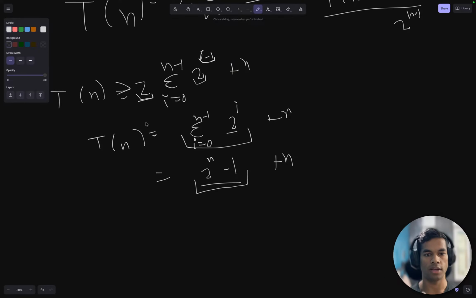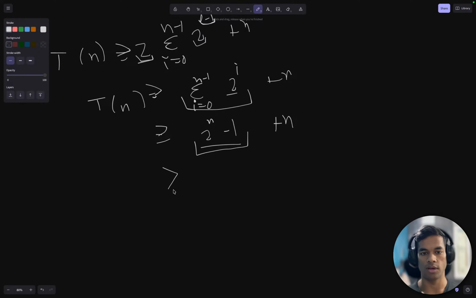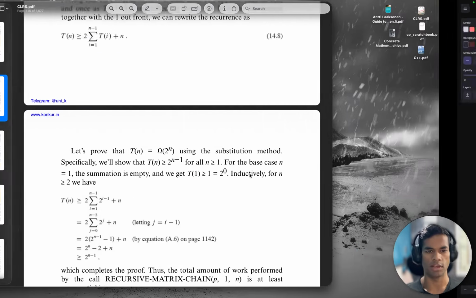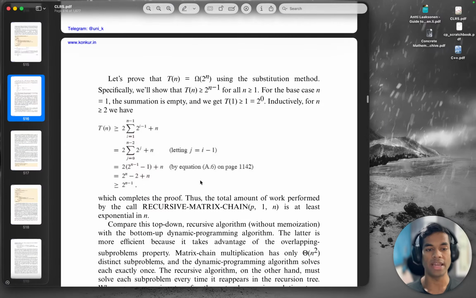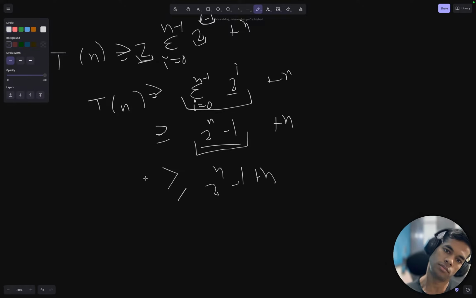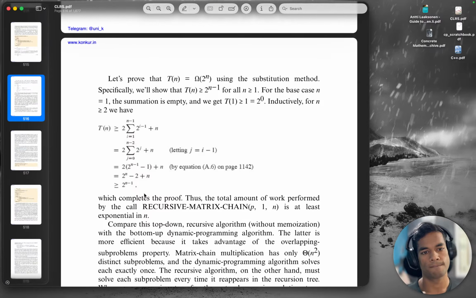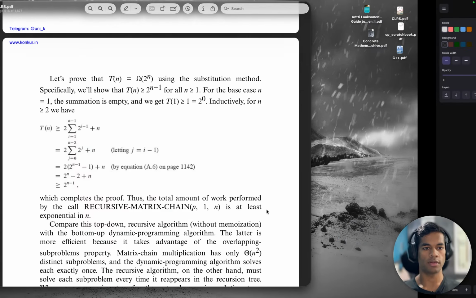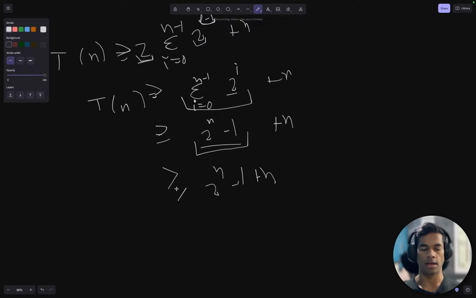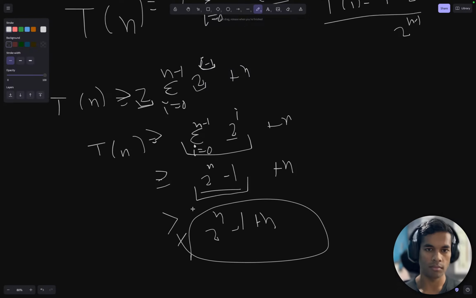And what do we have here? We have 2 power n minus 1 plus n. Is that what they have there? 2 power n minus 2 plus n. Why do I have minus? Whatever.